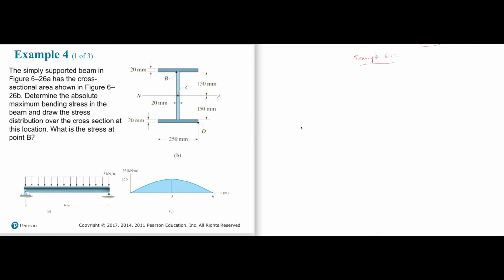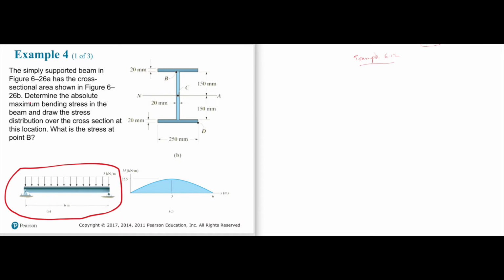Read the question. You have this beam on which there is a distributed load of 5 kilonewton per meter applied. There's a pin joint on the left and a roller on the right.